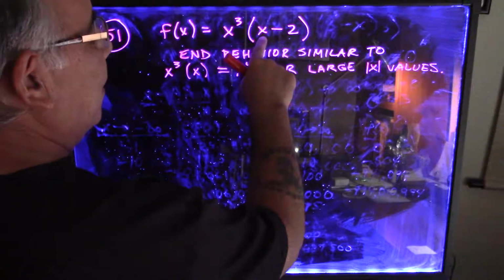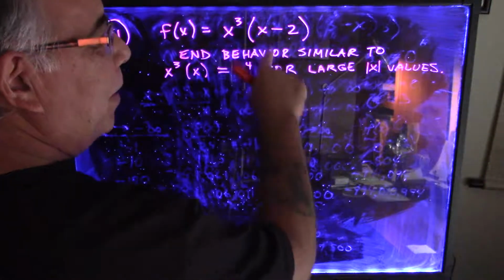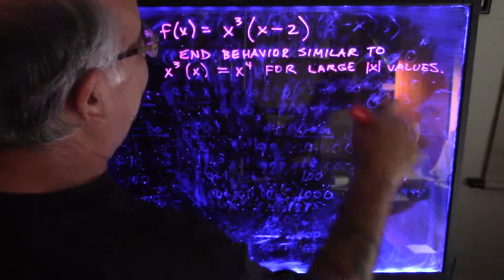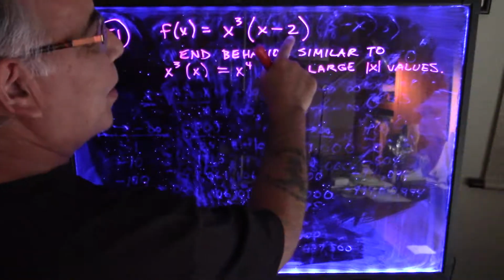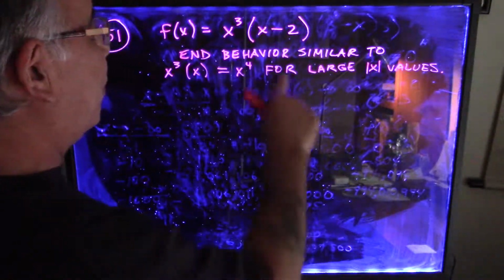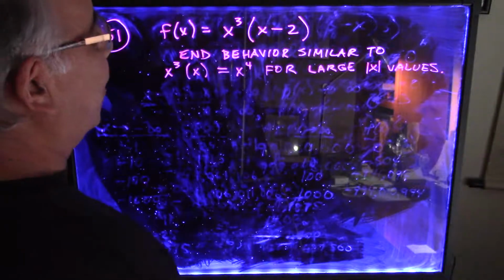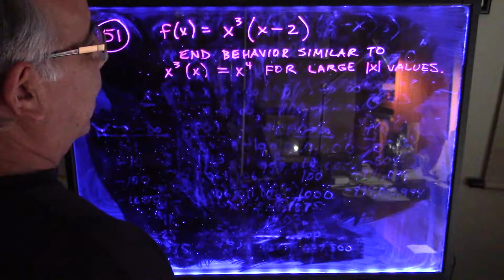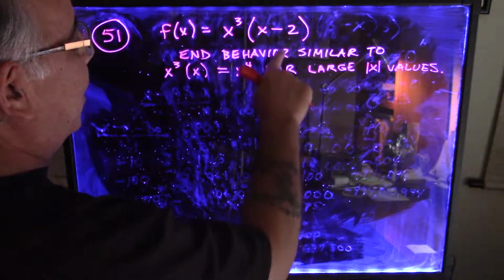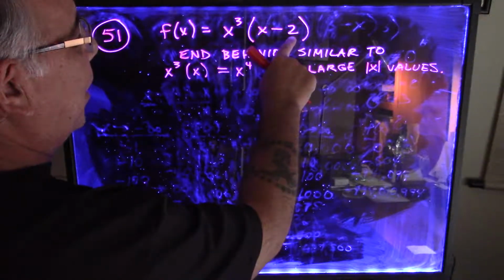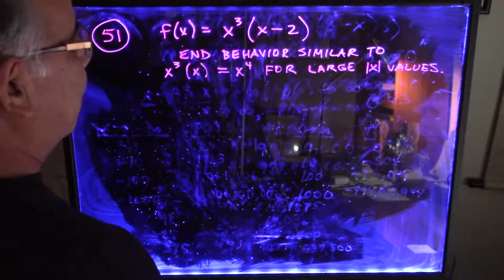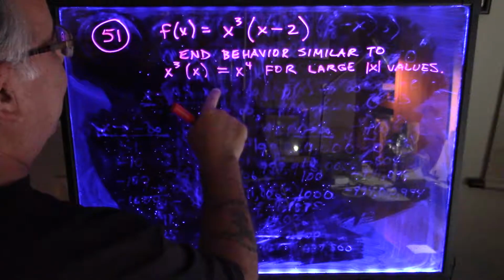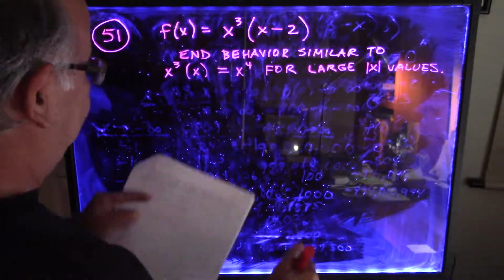X could be 10,000 million, 10 quadrillion, whatever you want it to be, much bigger than this constant. X will eventually get bigger than this in absolute value, and so it will overwhelm that constant. And so, again, for a large absolute value of x, it's going to look like x to the fourth.